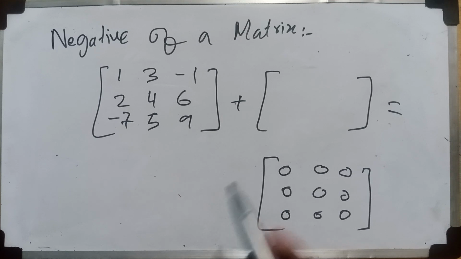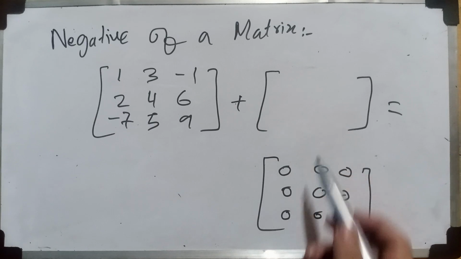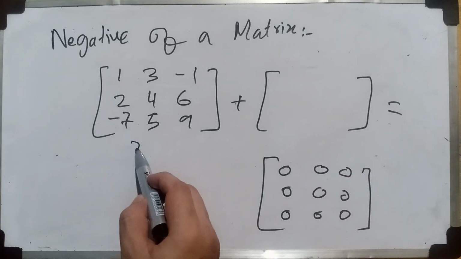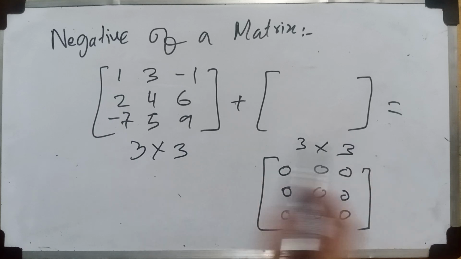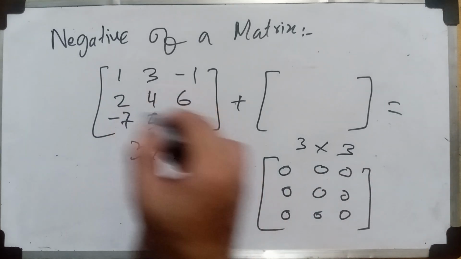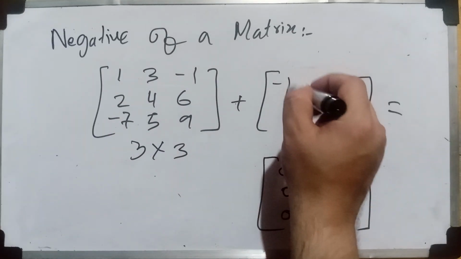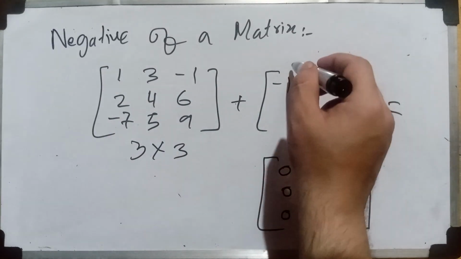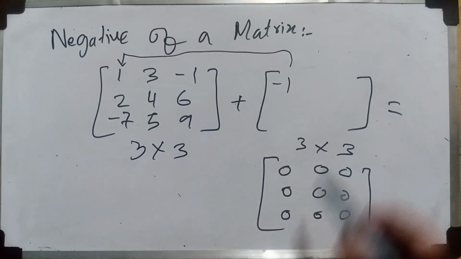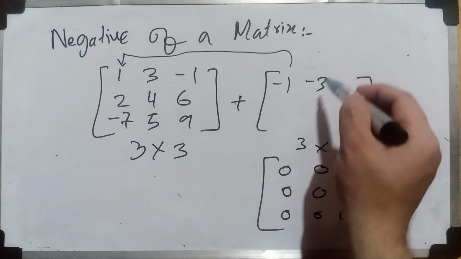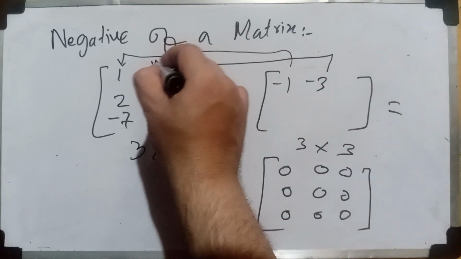We can only add two matrices with equal order, right now it's 3 by 3, and we only add the corresponding entries. What do I mean by corresponding entries? Let's suppose it has a -1 here, so it will add with this one here. Similarly, the -3 here will add with 3 here.